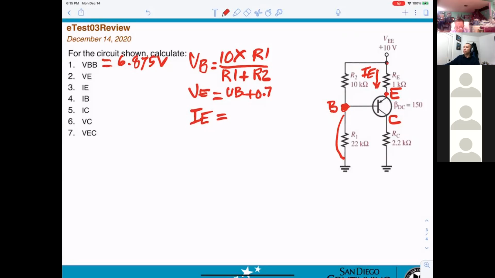So the current has to be the difference in voltage between VEE and VE, then you can divide by RE. Okay? Yep. What was I thinking?